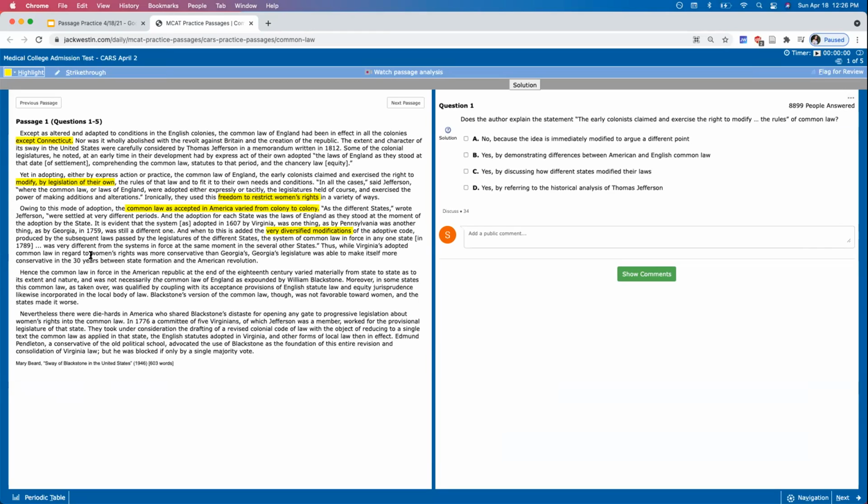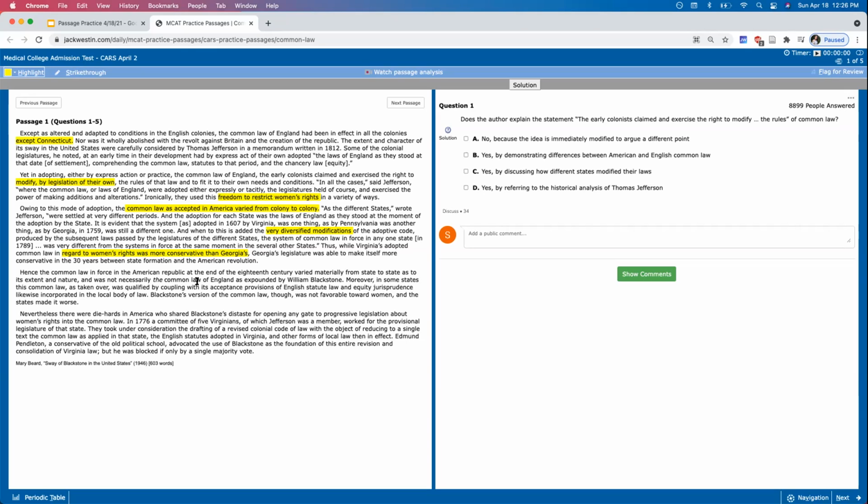So Virginia's adopted common law in regards to women's rights was more conservative than Georgia's, and Georgia's also made it more conservative later. So we're talking about how it was different, but it was still used to be more conservative towards women's rights.